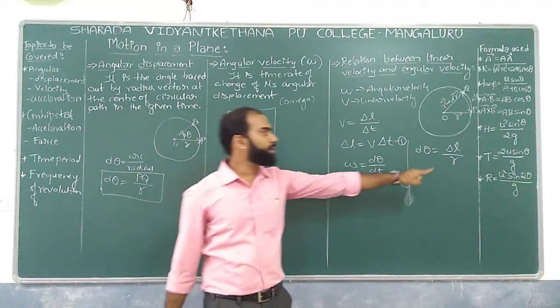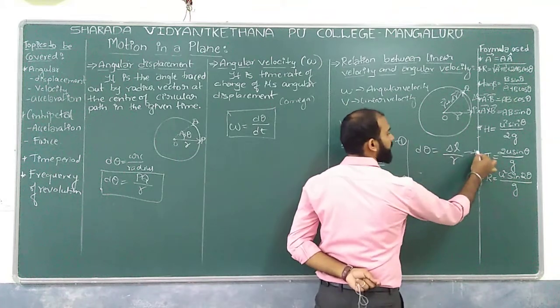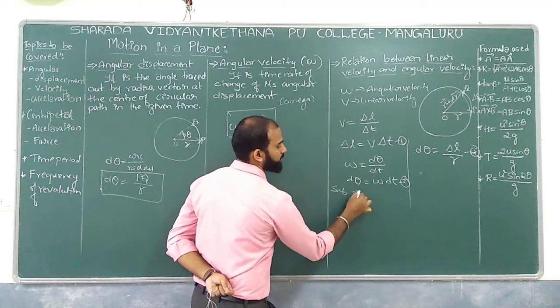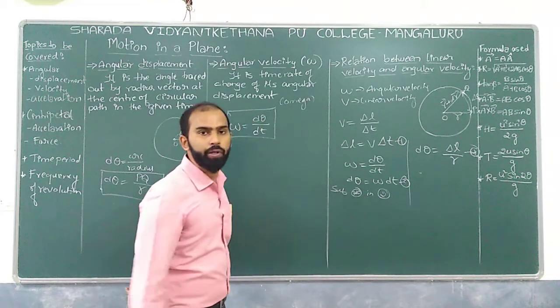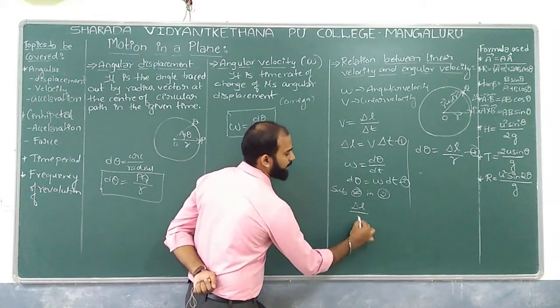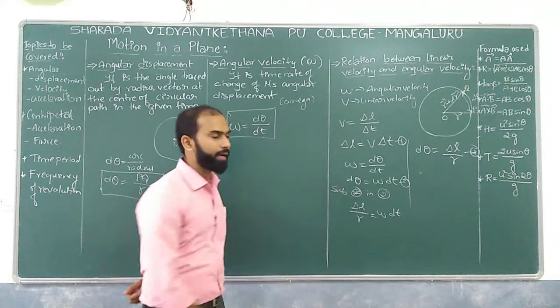Now you substitute this delta L in equation 2. Substitute this star in equation 2. What can we have over here? That is nothing but delta L divided by R, which is equal to omega into dt. Correct?